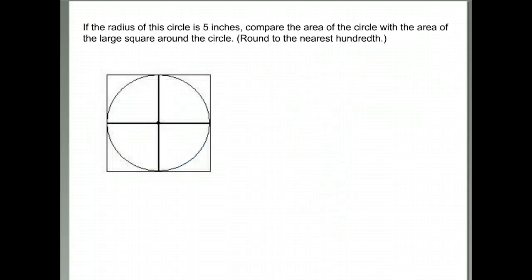Okay, they also have this application type problem that is asking you to compare circles.